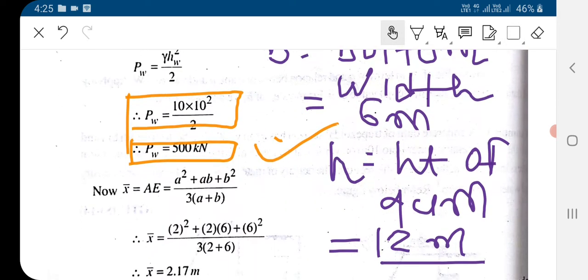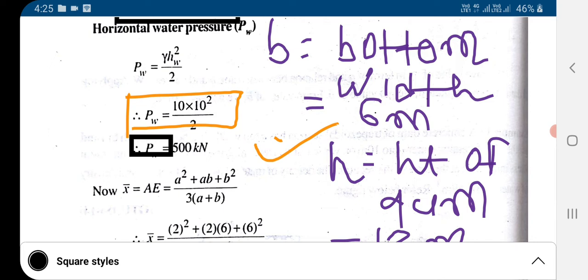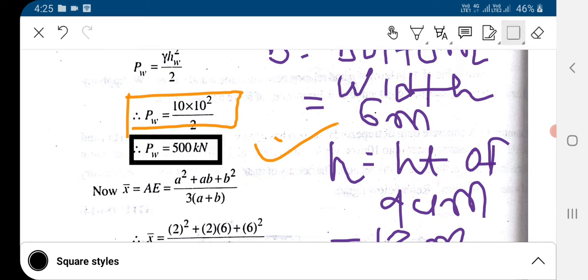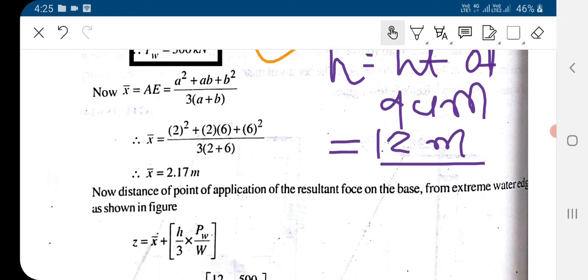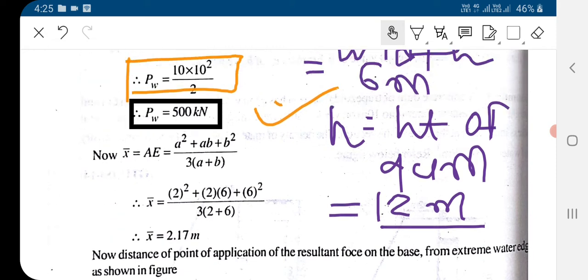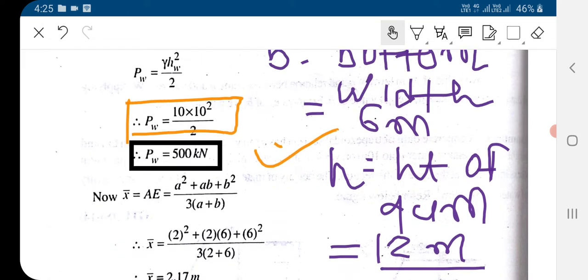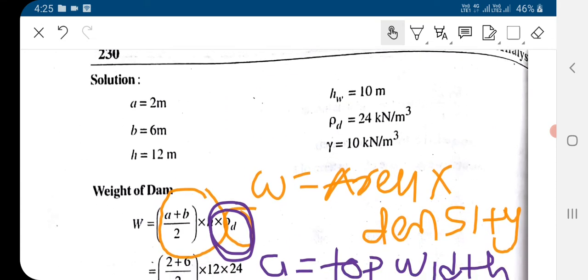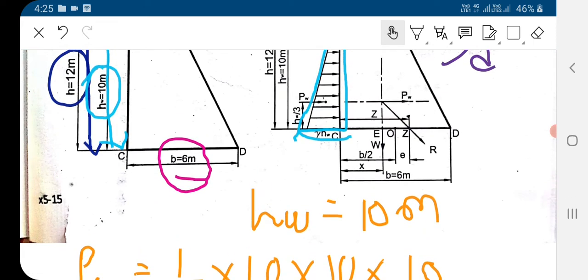Next we have found the water pressure, that is coming out as 500 kilonewton.